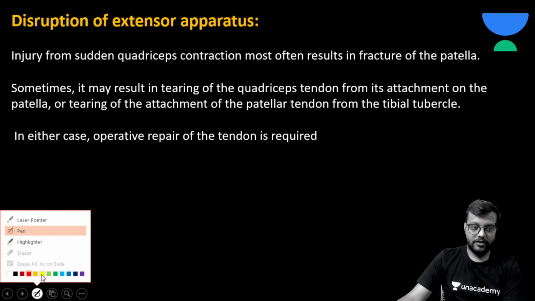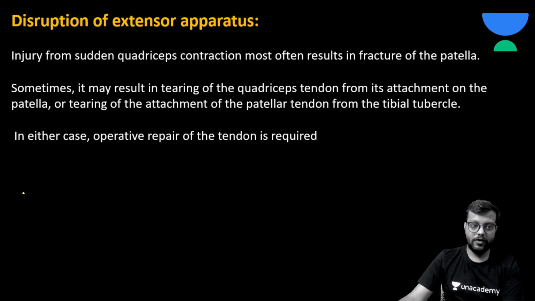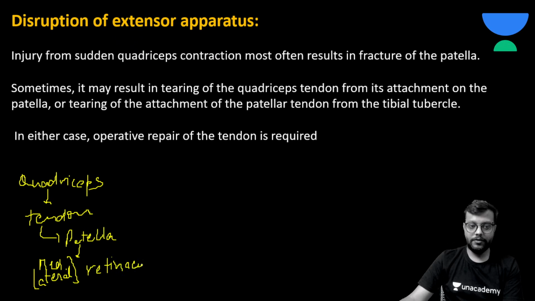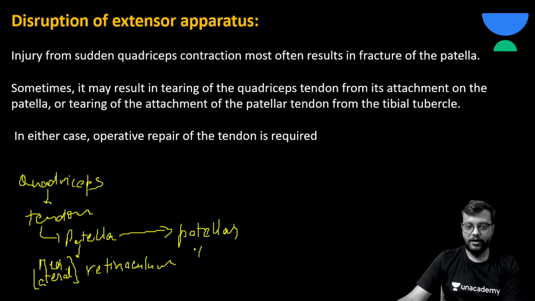The extensor mechanism of the knee consists of the quadriceps femoris of the anterior compartment, followed by its tendon, then it attaches to the patella, and on the medial and lateral sides of the patella you have the patellar retinaculum, and below the patella you have the patellar tendon.